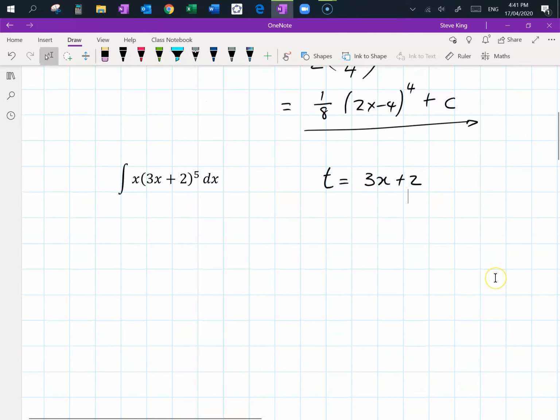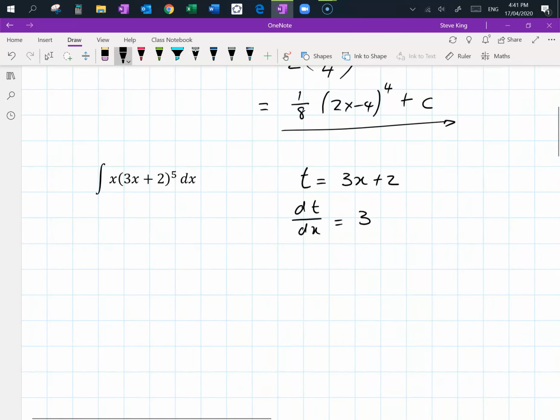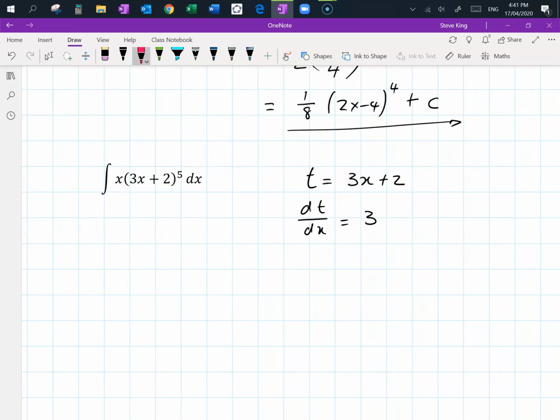Sorry. And that means I can say that dt dx is going to equal 3. I can also, with this statement over here, rearrange this part. And I can say that x is going to be t minus 2 all over 3.